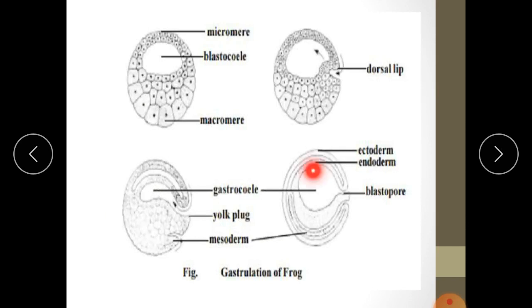This roof is made up of notochordal cells and mesodermal cells. Therefore, chordomesodermal cells are present here in the roof of the archenteron. This is the roof and this is the floor of the archenteron.